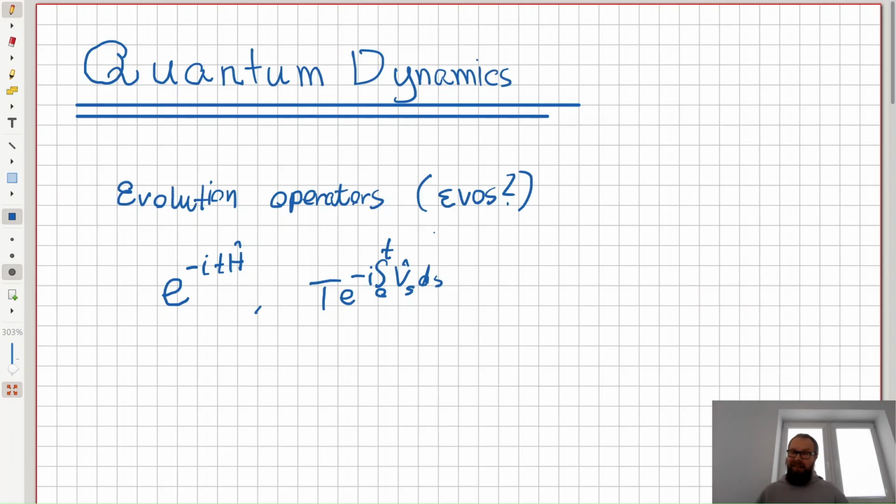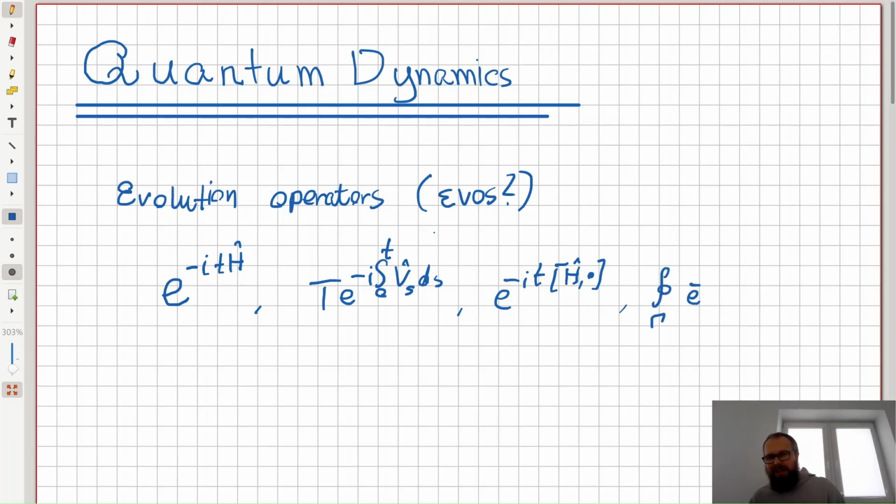Time-ordered exponents, stuff like that. But maybe even something more crazy, like not evolution operator, but evolution superoperators. Why not? We'll see. Or maybe we go full on and do some Green's functions.